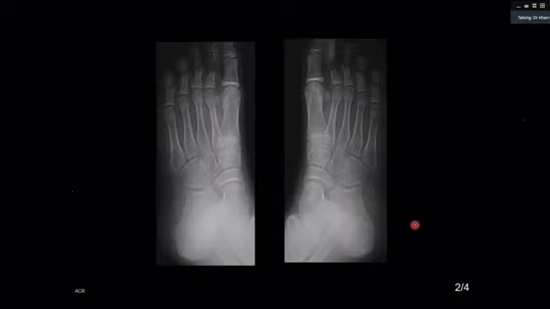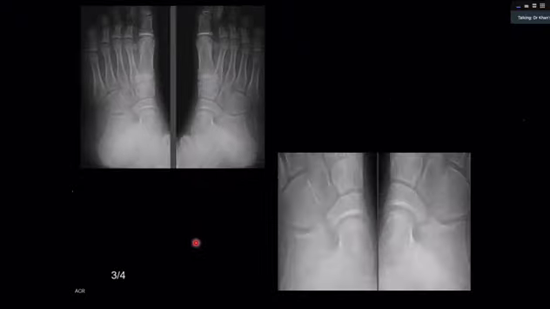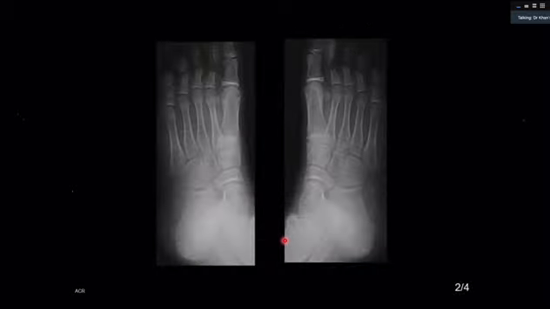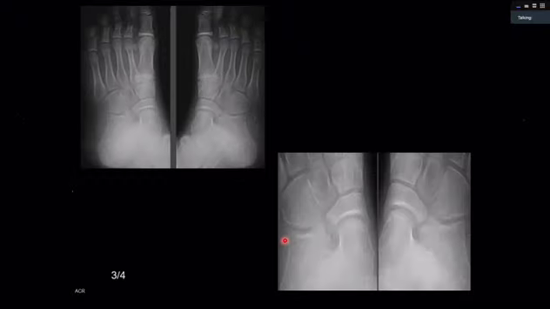And I will also show you a close-up of this. This is a close-up. So this is left, this is right, right? Let me correct myself.